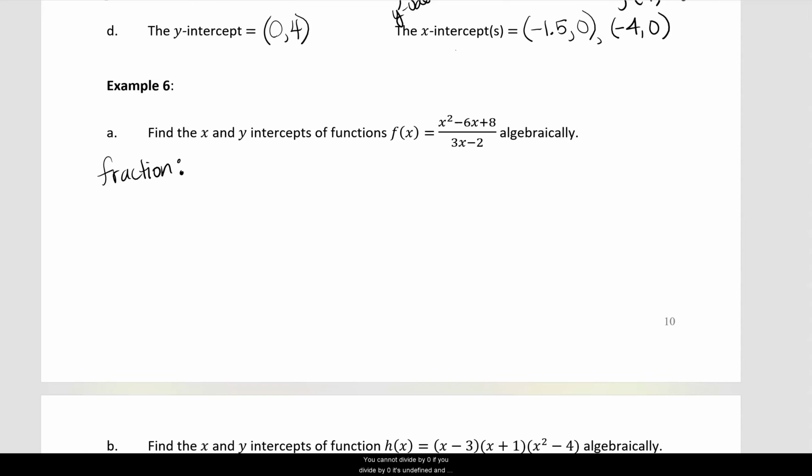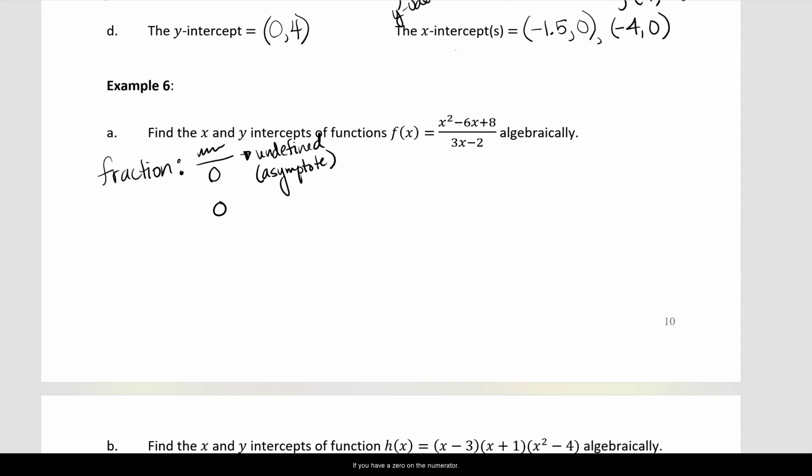If you divide by 0, it's undefined, and that results in a vertical asymptote on a graph. So whatever happens to be in the numerator, if you divide by 0 in the denominator, then you have an undefined point, and you end up with a vertical asymptote.